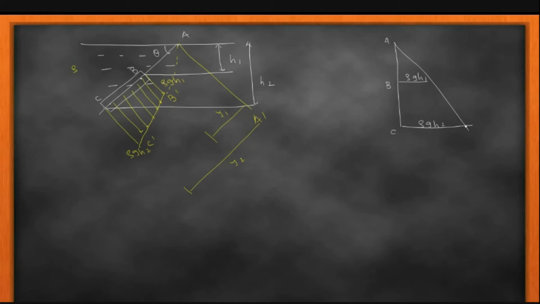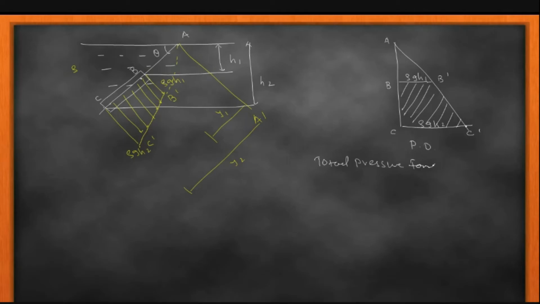In this way we have the point C dash and this is B dash. So we need to calculate the area under B dash and C dash, which gives the total pressure force according to the pressure diagram. So this is a pressure diagram.